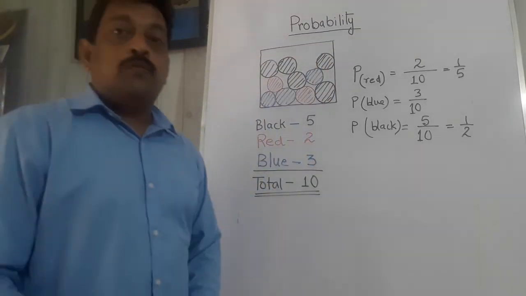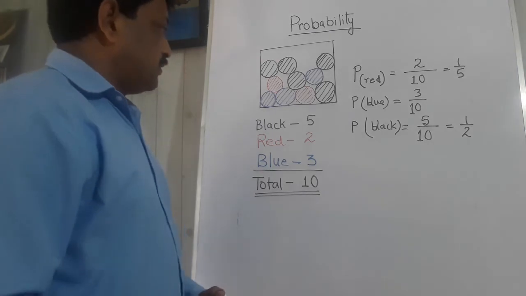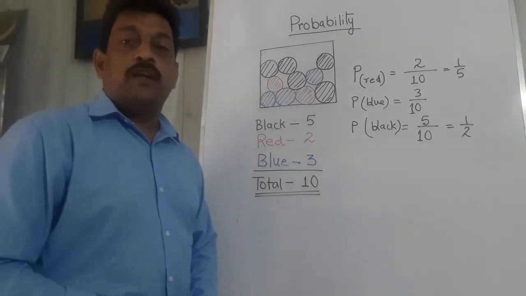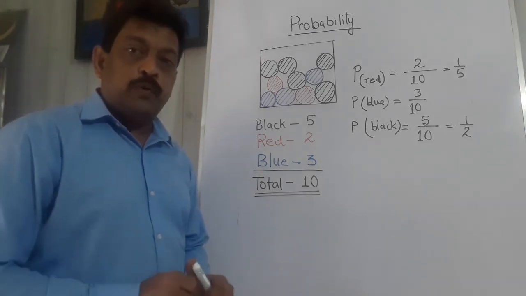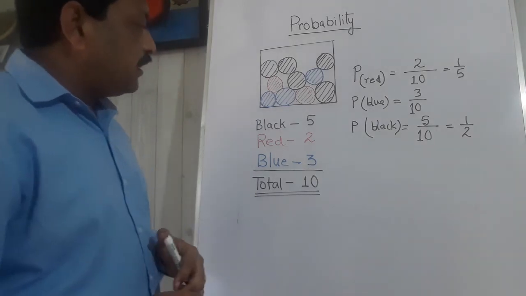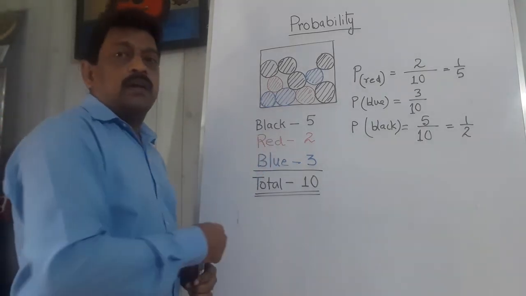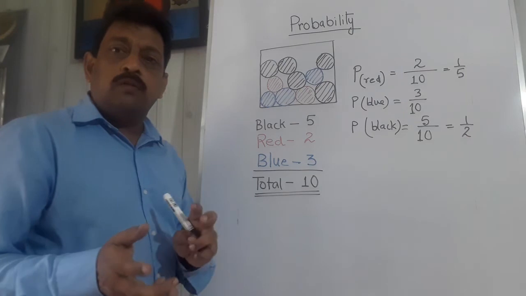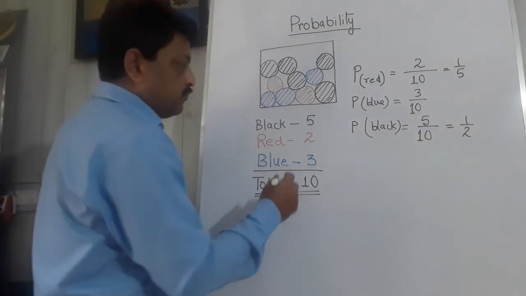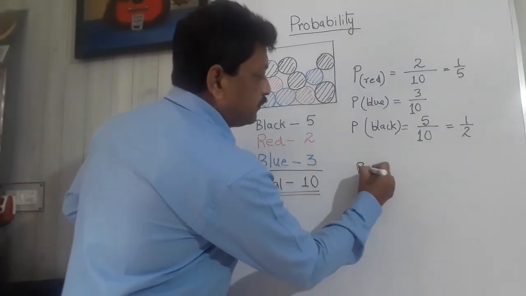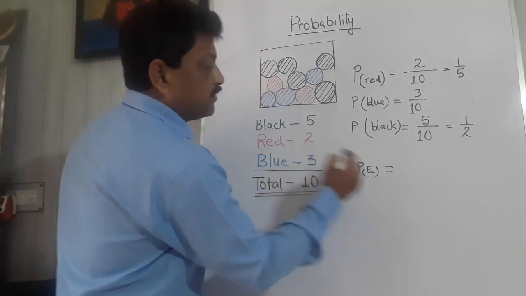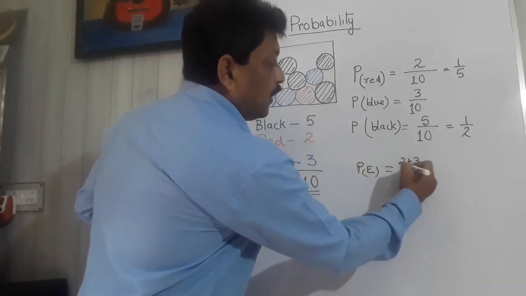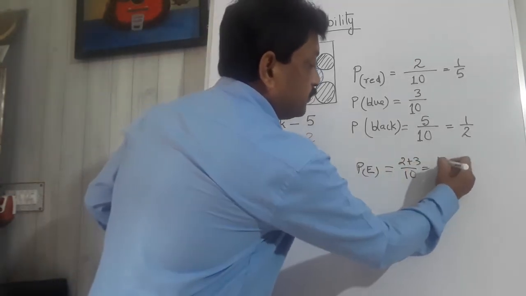Now some more questions are there, interesting questions. What is the probability of getting either red or blue? So either red or blue, there are 2 red and 3 blue. So I want both the colors. So the favorable outcomes will be 2 plus 3 upon 10, that is 5 upon 10.